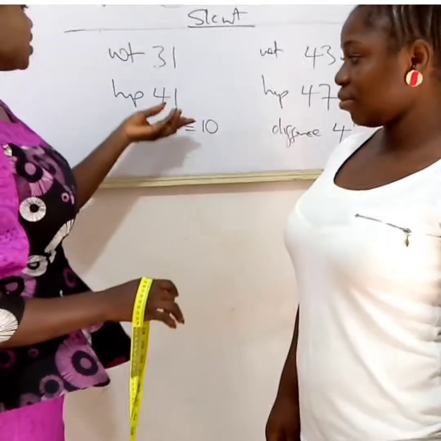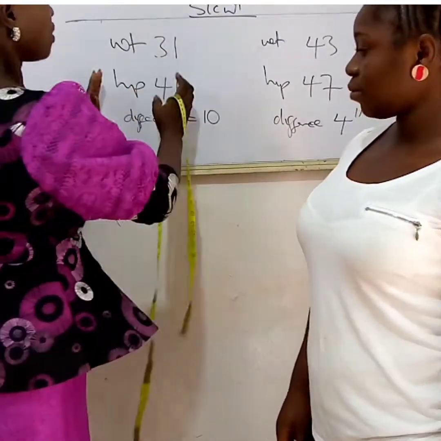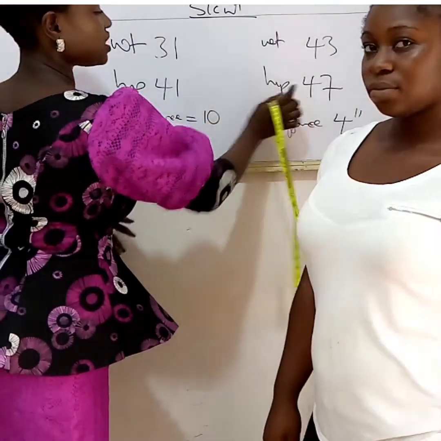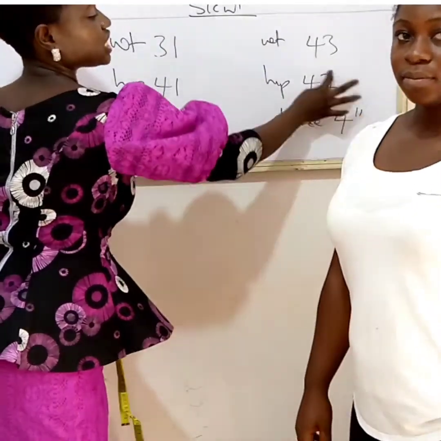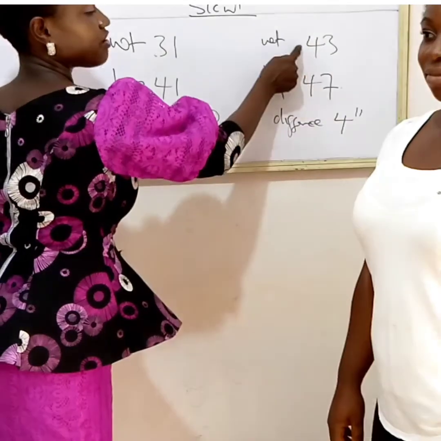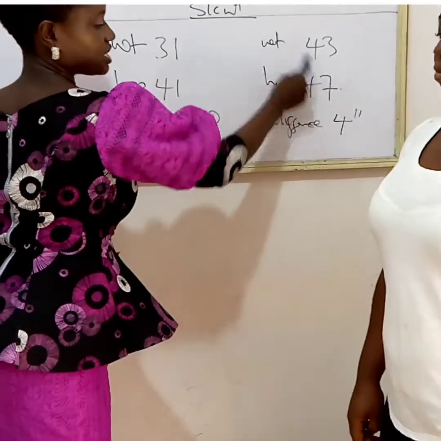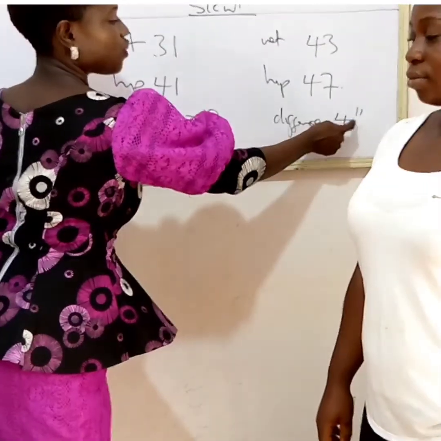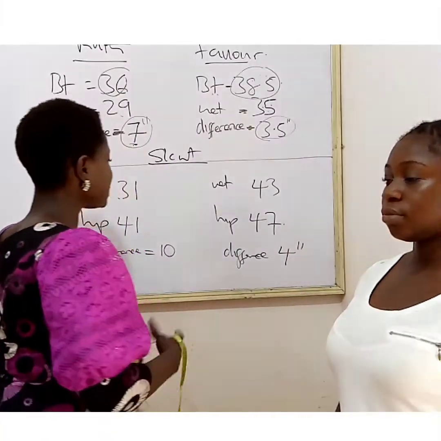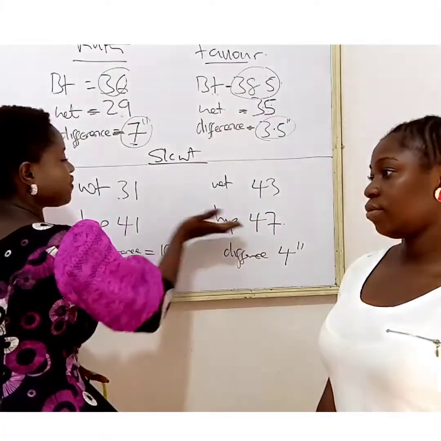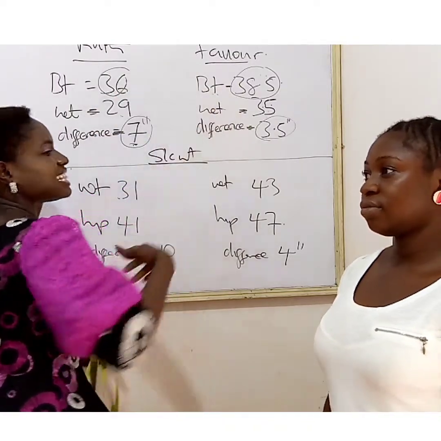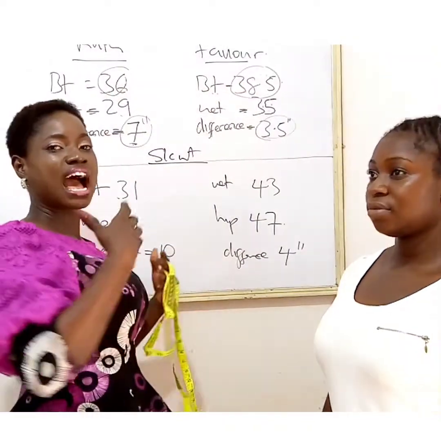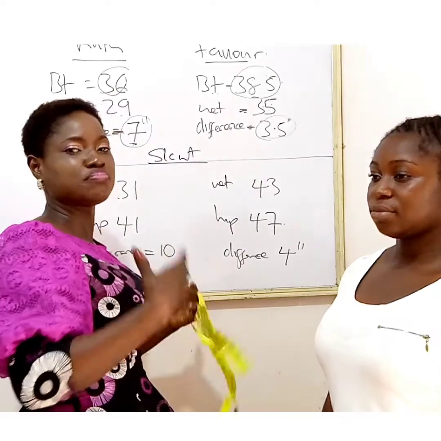This shows that she has more hip than this person, even though the value of this person's hip measurement is 47. But comparing it with 43 waist, we are having a difference of 4 inches. What we are trying to say in essence is it's not the value of the hip or the value of the bust measurement that helps us determine how full the bust or the hip is.